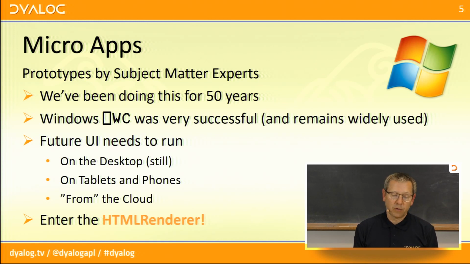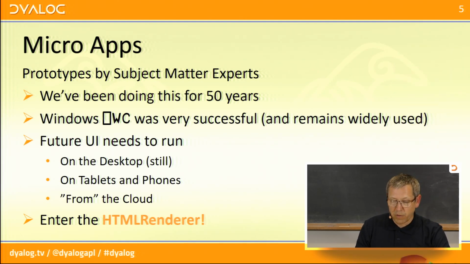But in the future, we need a user interface that's going to work on the desktop still, because it's going to be around for a long time, but also on tablets and phones, and maybe user interfaces projected by things running in the cloud that don't actually have a visible platform on, but might be generating HTML-based UI in addition to running as services.